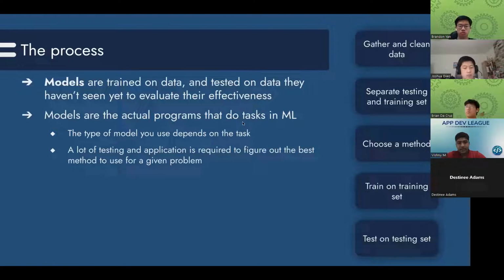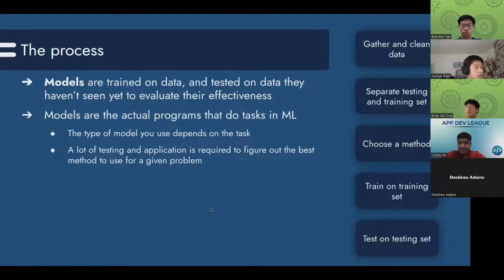Machine learning models are trained on data and they're tested on data that they haven't seen yet to evaluate their effectiveness. Models start by first gathering and pre-processing data into a format that's easier for them to find patterns in.